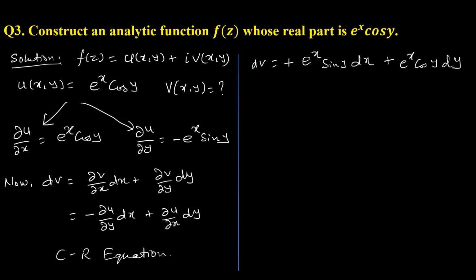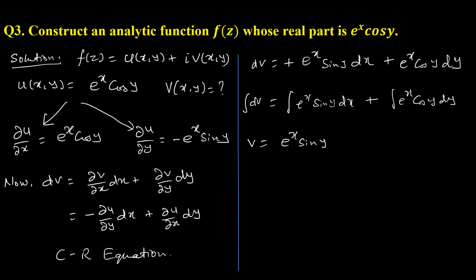Integrating both sides, the integration of dv is v, it is the integral of e to the power x sin y dx plus the integral of e to the power x cos y dy. Integrating with respect to x, we get e to the power x sin y, and in this case we have to ignore the term containing x.